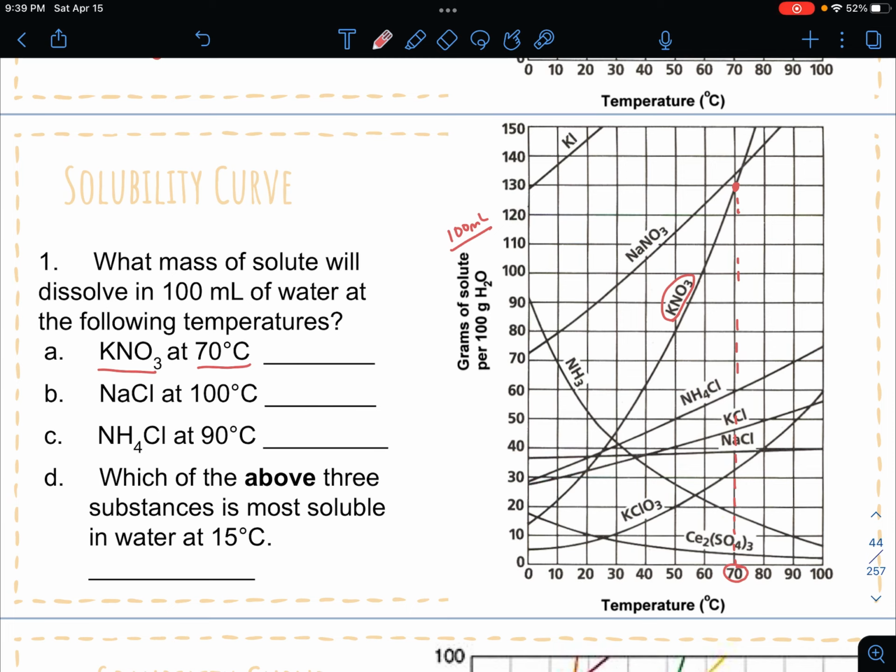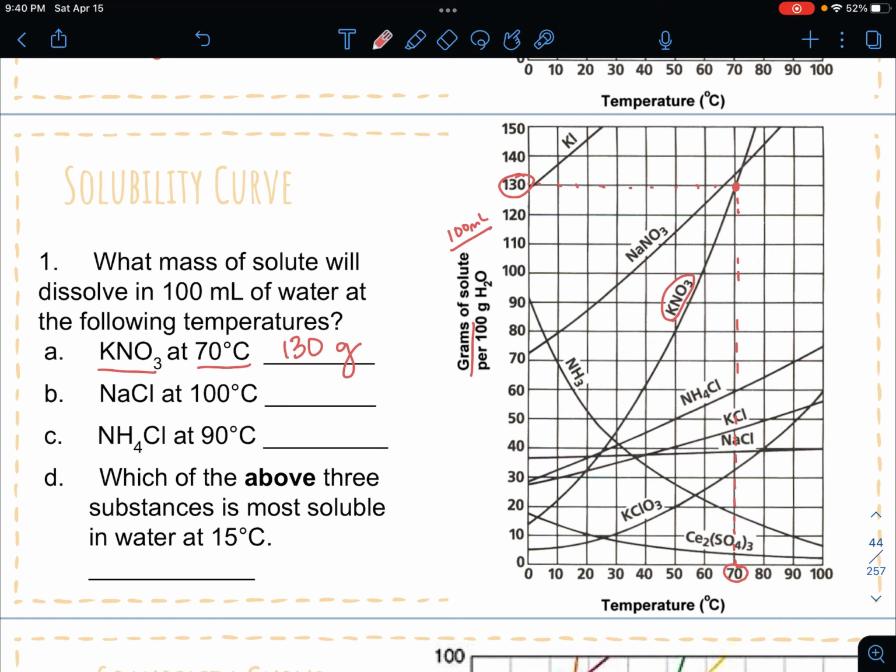The point where I connect, if I go all the way over to my y-axis, that is my answer. So 130 grams of solute will dissolve in water if that water is at 70 degrees.